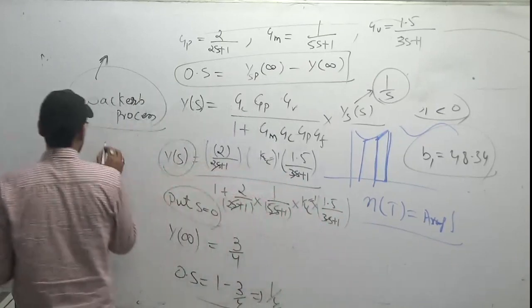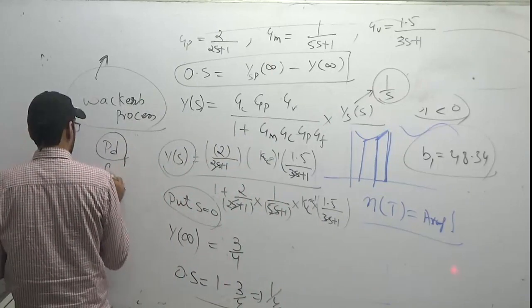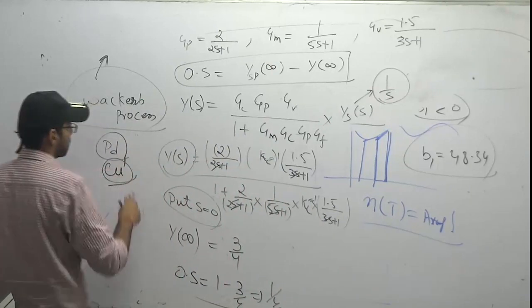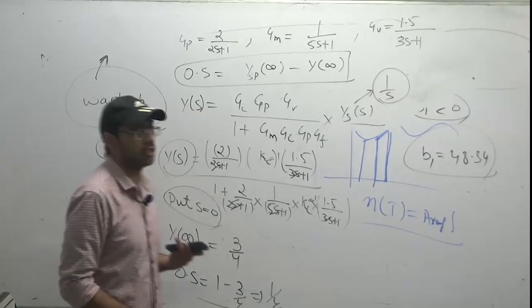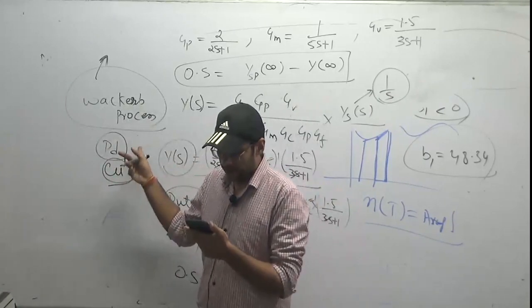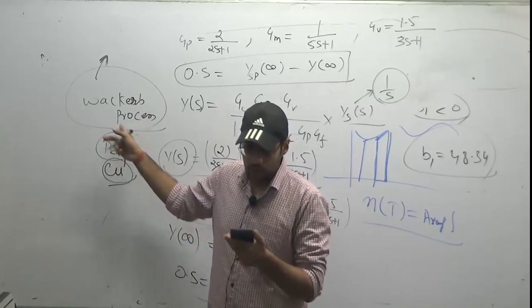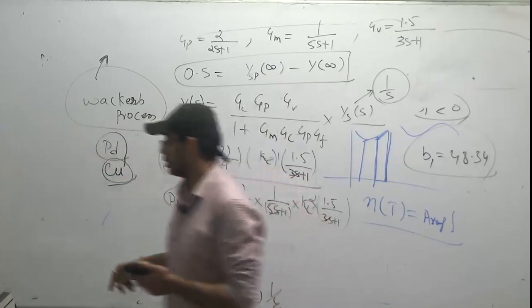So instead of saying palladium, that is Pd, they can also say copper compounds as a catalyst. So instead of saying Pd, they can give you Cu as a catalyst, right? So in Wacker's process, we have oxidation of terminal alkenes to aldehydes and ketones.